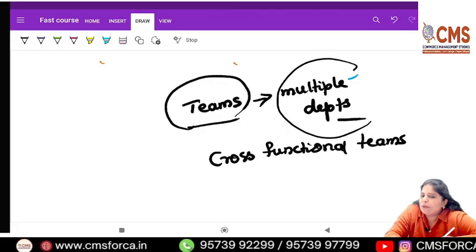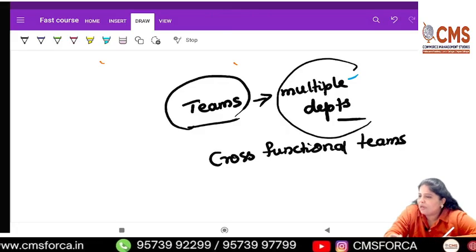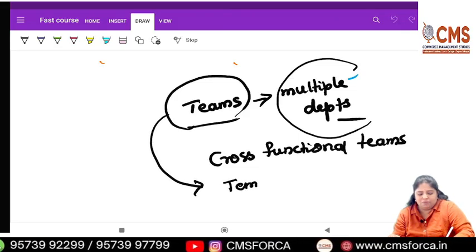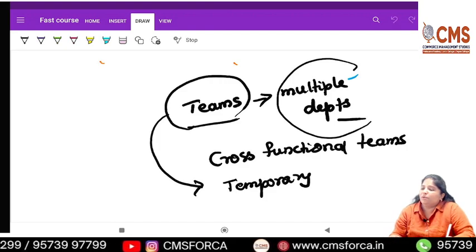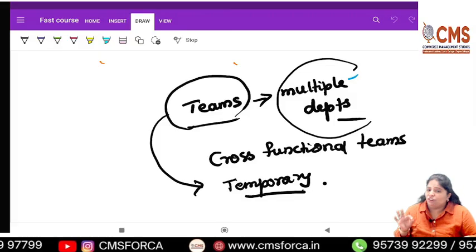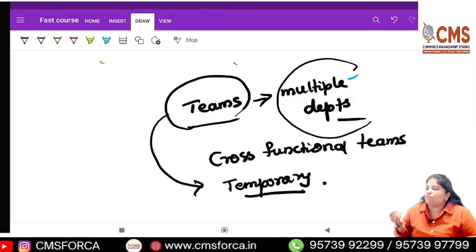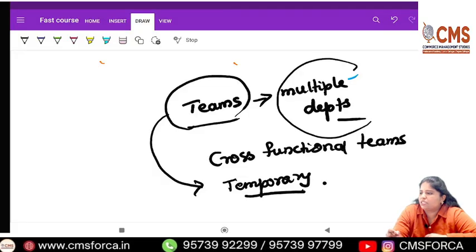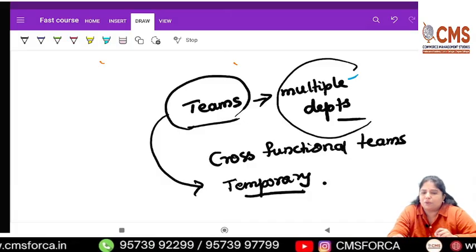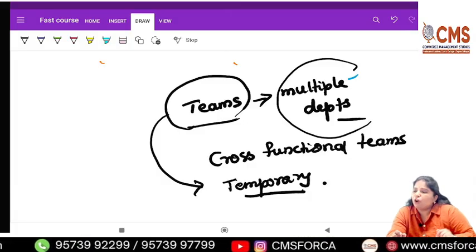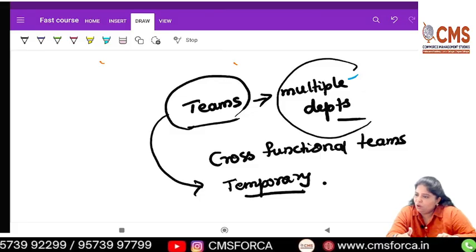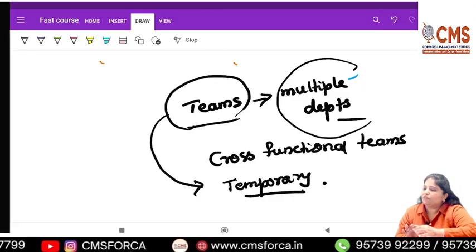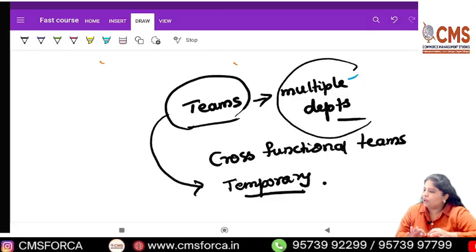You have the team members coming from multiple departments, but these are not going to be permanent. These teams are quite temporary. This is to ensure that you are pulling expertise from multiple departments. Already we have a challenge in matrix structure, a lot of coordination and communication. But if you form such cross-functional teams, you have an expert from production, from marketing, from finance.